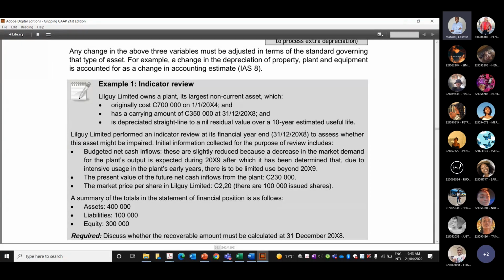Initial information collected for the purpose of the review indicates that the budget net cash flows are slightly reduced because of a decrease in market demand for the plant's output expected during 20X9, after which it has been determined that due to intensive usage in the plant's early years, there is limited use beyond 20X9. So here, this is very important to us: it's saying that the machine might actually not be used beyond 20X9.